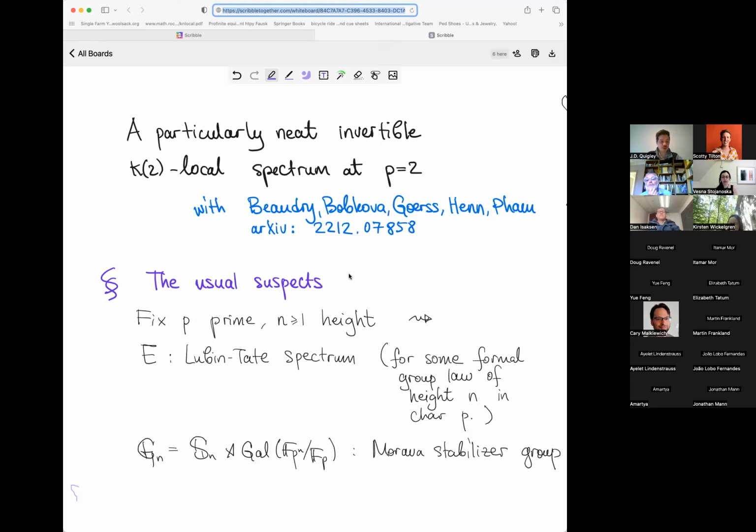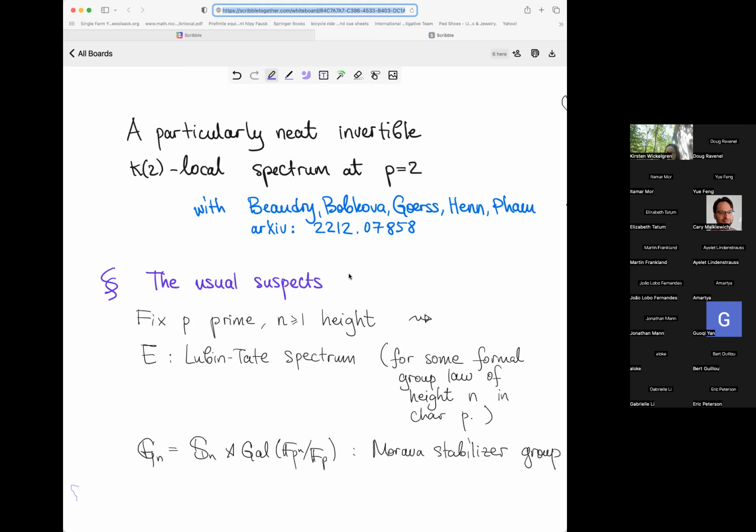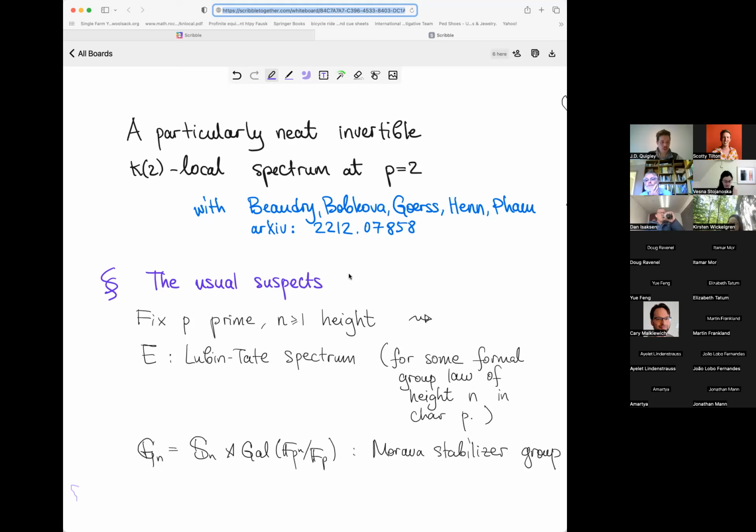But before we get started with all of that, I should introduce the usual suspects in this Kn-local world. Given that this is the eCHT seminar, I won't say much about them, but if anybody needs a reminder right now, let me know.